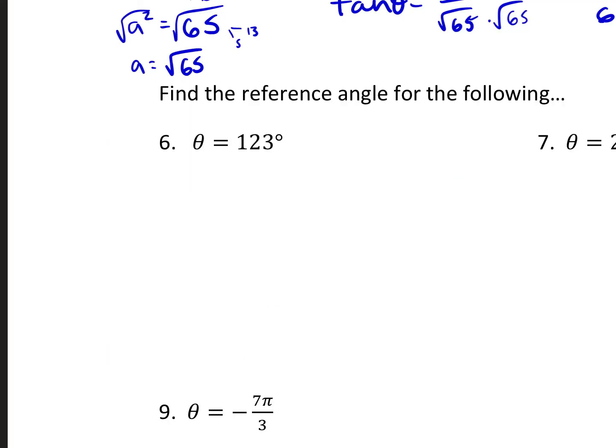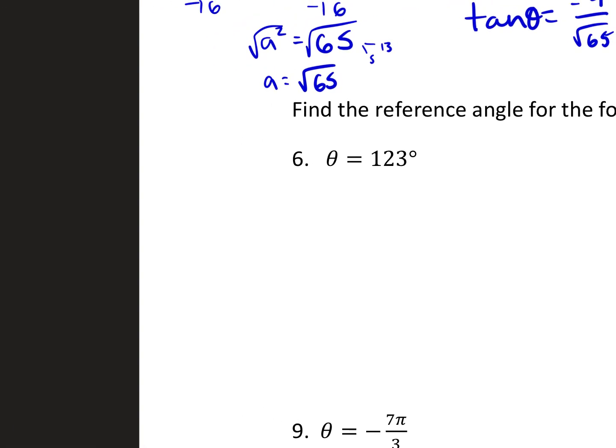All right, number 6. We're asked to find the reference angle for the following. Depending on which quadrant we're in, depends on which formula we use for our reference angles. So if we're in the first quadrant, whatever our theta is, that is our theta prime, our reference angle. If we're in the second quadrant, we use 180 minus theta.